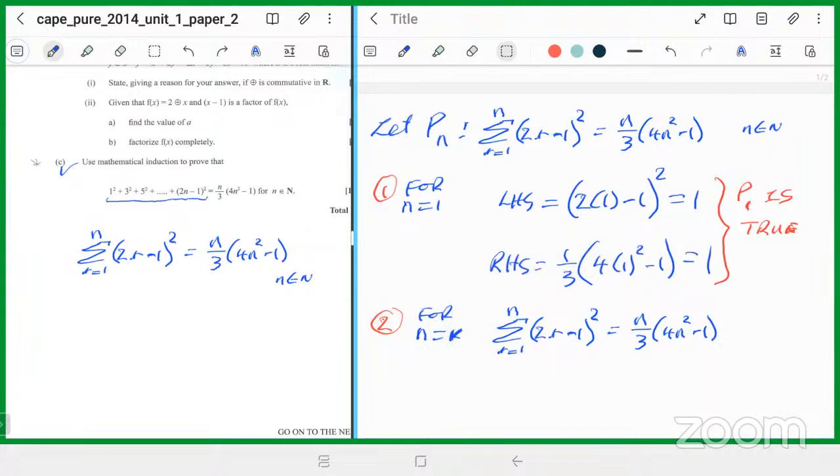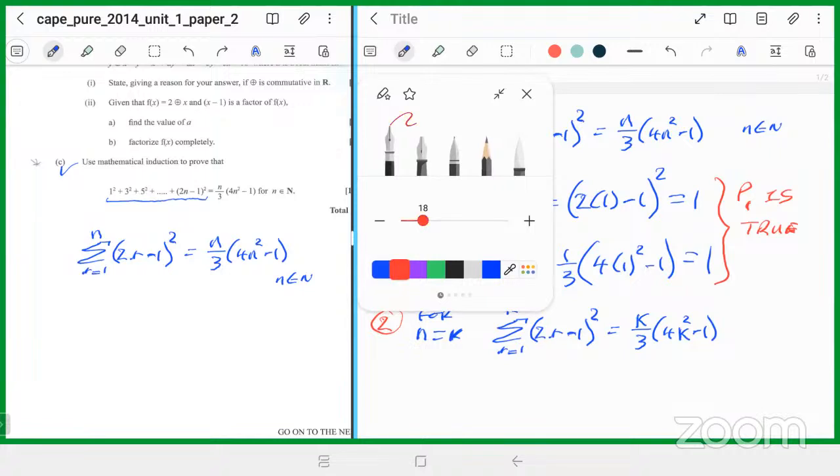Just that now this n right here becomes a k. And this n and this n each become k. So I'm going to delete this one and delete this one, and replace them with k's. So put a k here and put a k squared there. So basically, we assume it is true for n equals k.